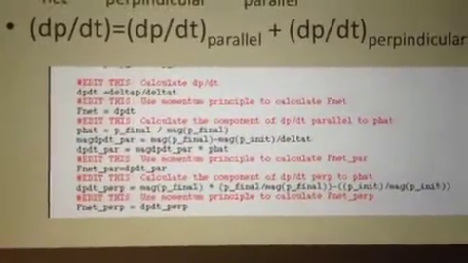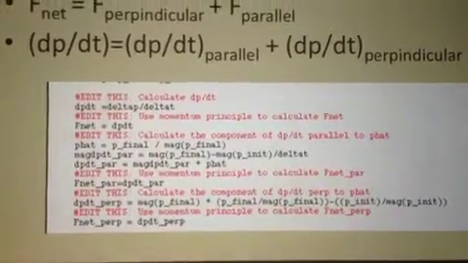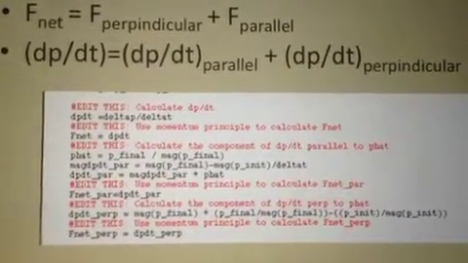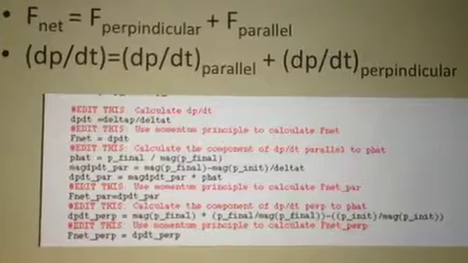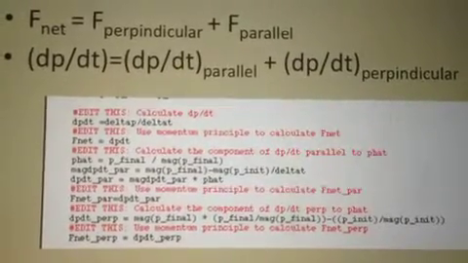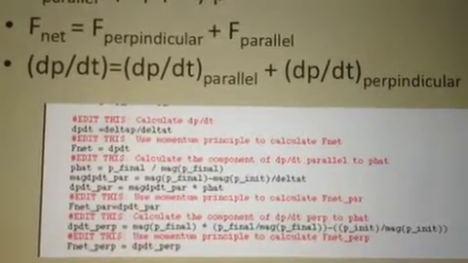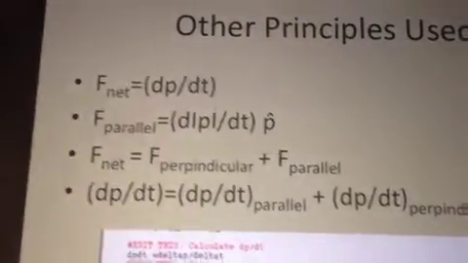And you can see that in my code here. So dp/dt equals the change in momentum over the change in time. Set that equal to F net. And then for dp/dt parallel, we found the magnitude of p final minus the magnitude of p initial. So this is the change in momentum over dt, which is what we found from this equation above.